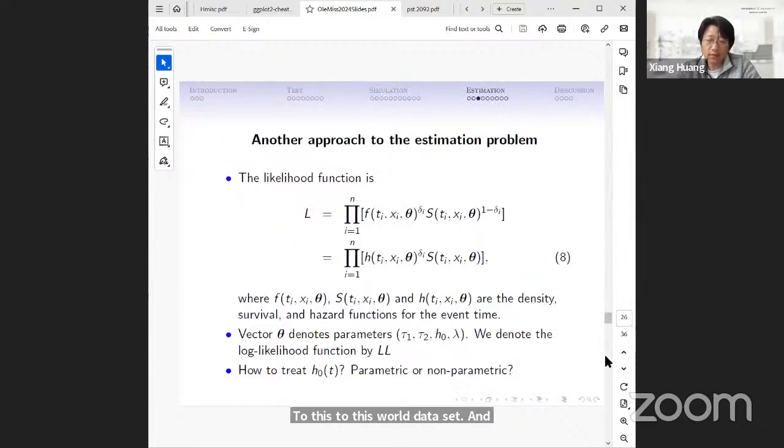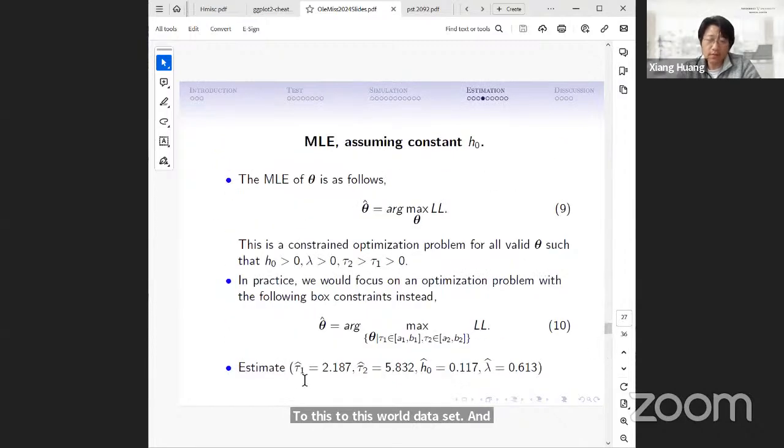The result is that tau 1 is 2.1 and tau 2 is 5.8, where we assume H naught is a constant, and lambda is given like that. So in the MLE way, we estimate the transition period to be from about 2.1 to 5.8.